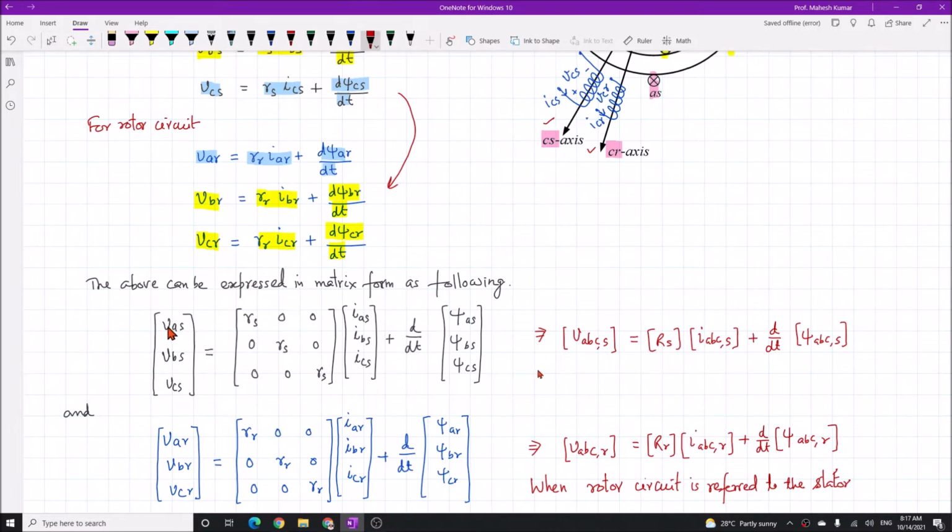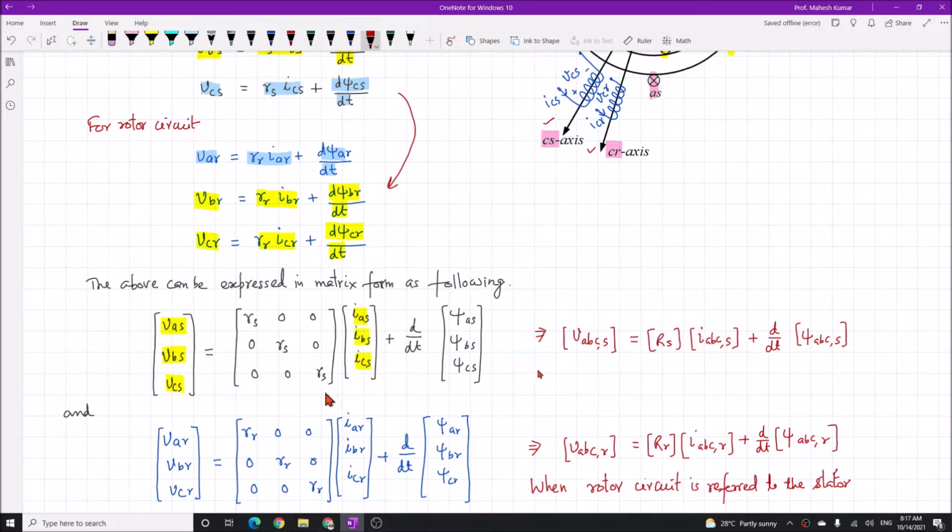VAS, VBS and VCS. So this is the column vector for the voltage on the stator side, and then we have a resistance matrix into the current IAS, IBS, ICS. Obviously this matrix must be of 3 by 3 to form 3 by 1 matrix.